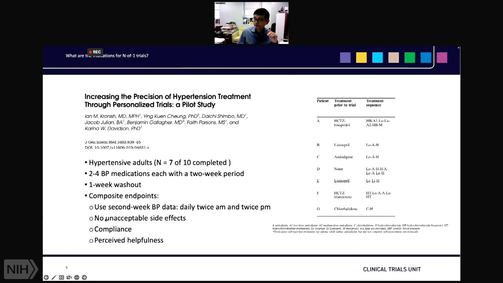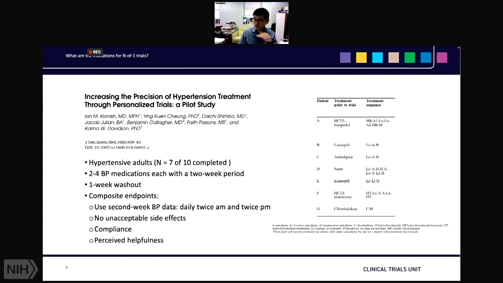Second, while each medication is tested over a 2-week period, we will only use data from the 2nd week collected during that period for the analysis, so that the data from week 1, which may still have some residual carryover effects, is excluded.